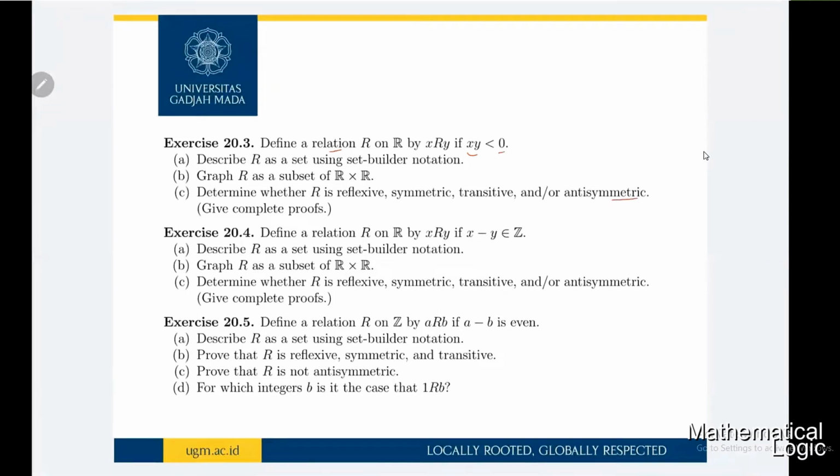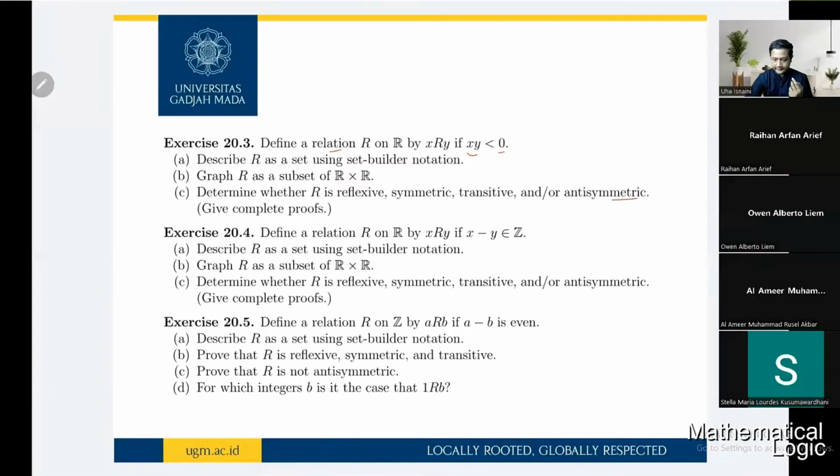When you multiply X and Y and the result is negative, the first one can be positive but the second one should be negative, or the first one is negative and the second one should be positive, right? So different signs. And neither of them can be 0. Why? Because when X is 0, 0 times whatever becomes 0, so it cannot be less than 0.